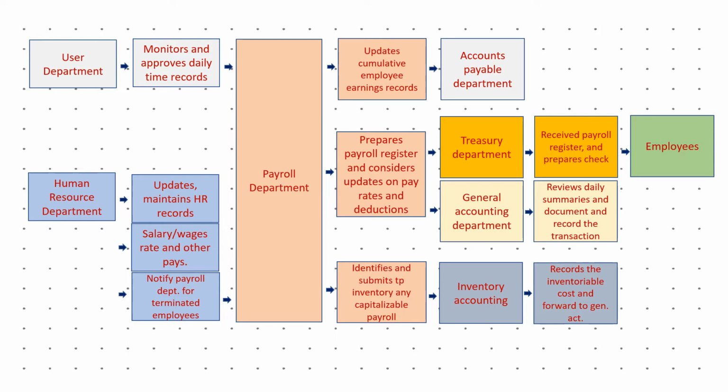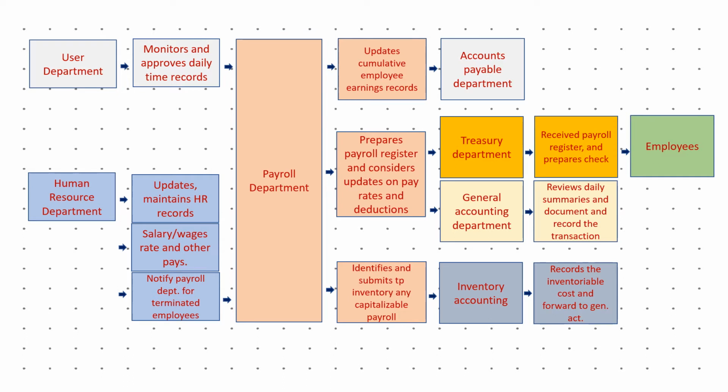First, we start with the users department. Its primary objective is to ensure the time records prepared by the employee represent actual hours worked during a pay period.